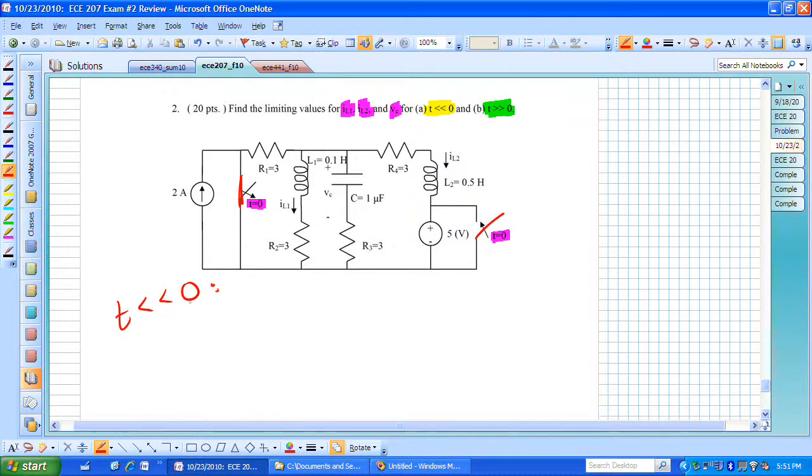What we want to realize, and so this we might call t negative, is the time that we want to look at for this steady state behavior.